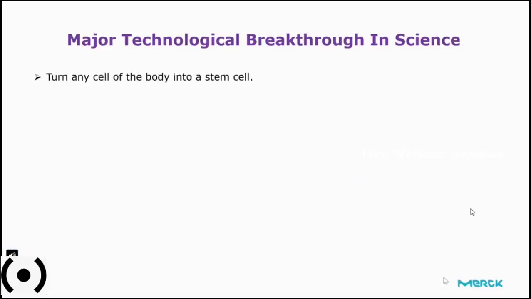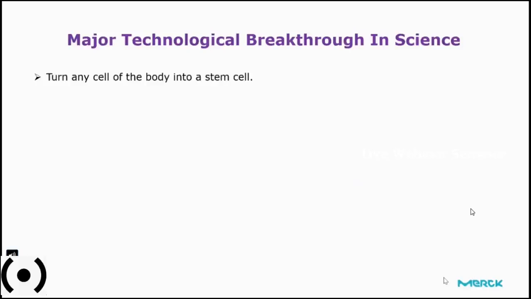Now what happened when scientists gave an idea that you can turn any cell of your body into a stem cell. Right, let me repeat it. You can convert any cell of your body into a stem cell. Wow, is it interesting?